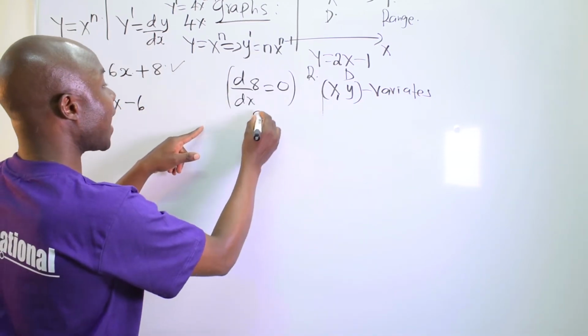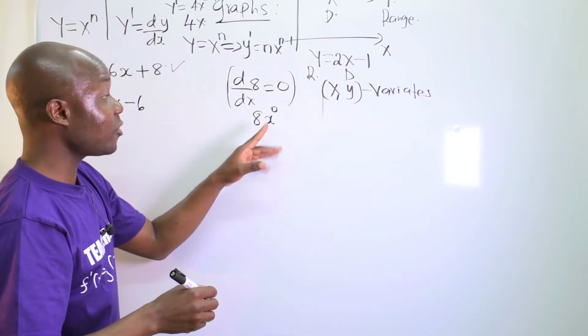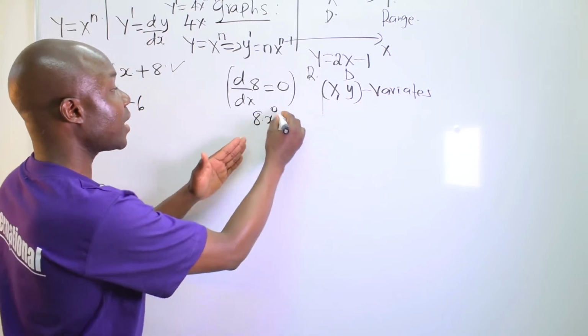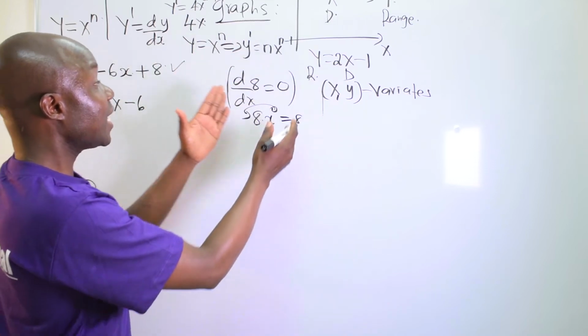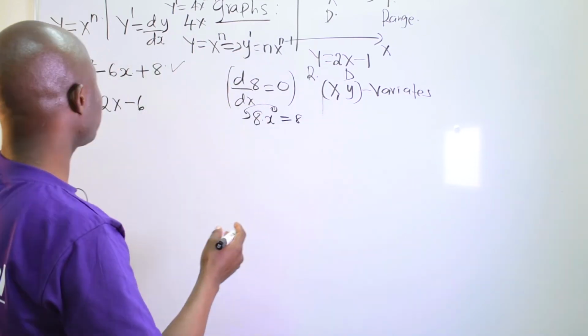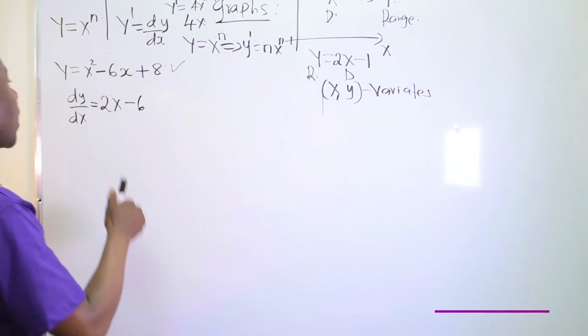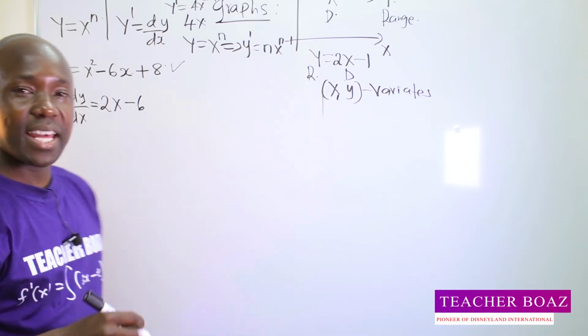This is like having 8x power 0, because x is not there. And we all know that all numbers raised to power 0 is 1. So it's like 8 times 1, which is still 8. So when the power comes and multiplies it, it becomes a 0, when we talk in terms of the derivatives. Now, when we differentiate this, we get 2x minus 6.